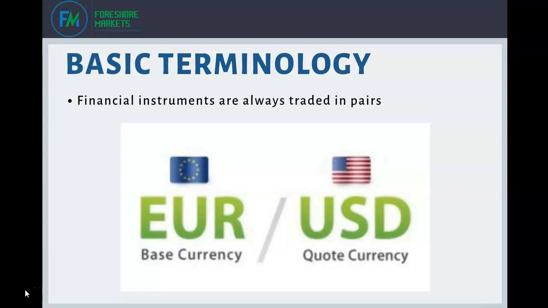Okay, so first thing you need to understand is that all financial instruments are traded in currency pairs. If we take the example of the euro versus the dollar, it simply means that I cannot just go to the market and buy or sell euros without giving or getting another currency in return.